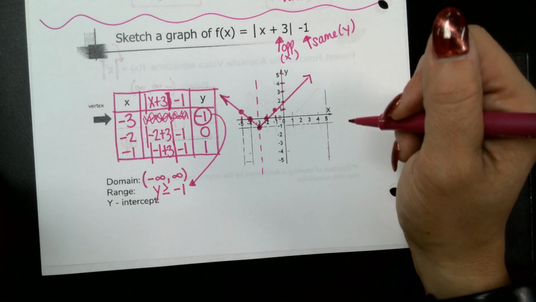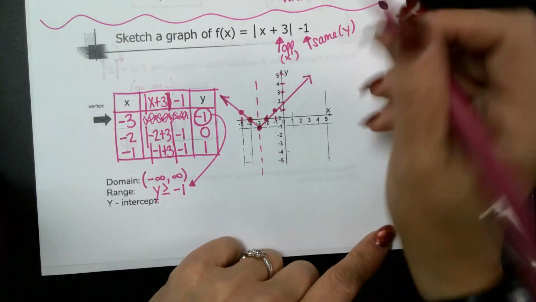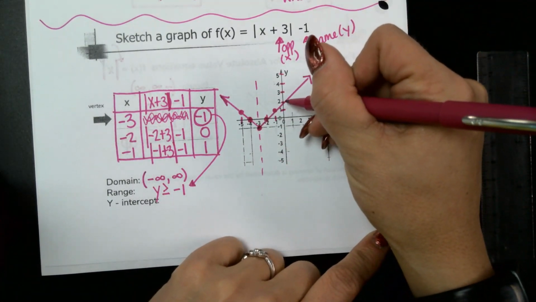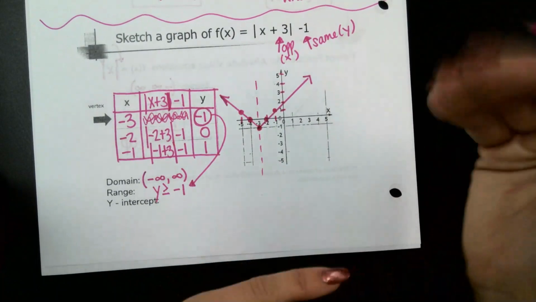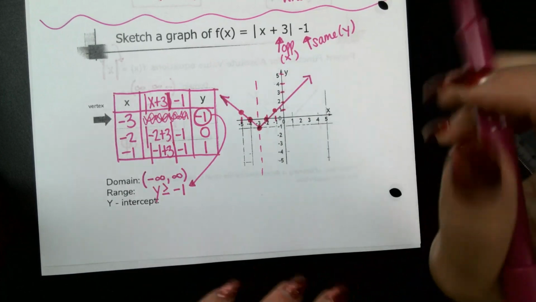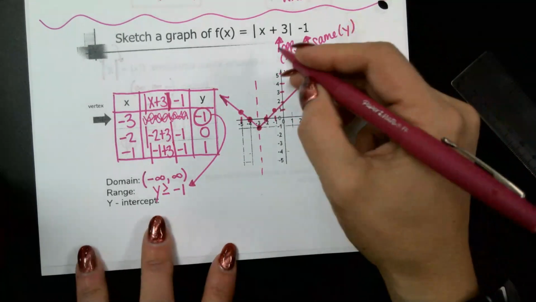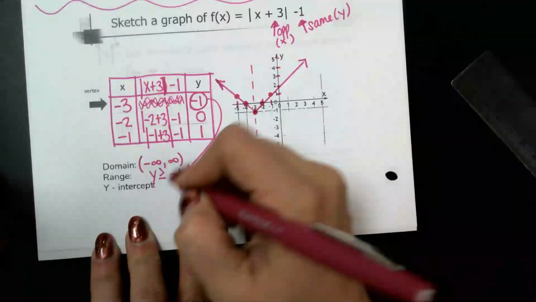Now the y-intercept, look up here. I know that when I extended my line, it looks like it should be at the 2. But what if we accidentally just shift our ruler a little bit when we connect them? We should probably double check and make sure that it really is the 2. So don't I just have to plug in a 0 up here? Okay, so that's what I'm going to do.